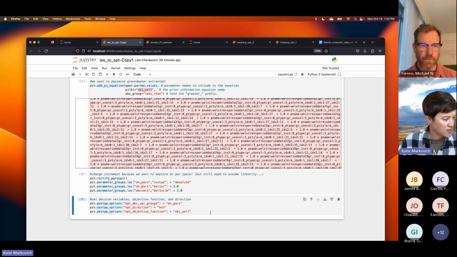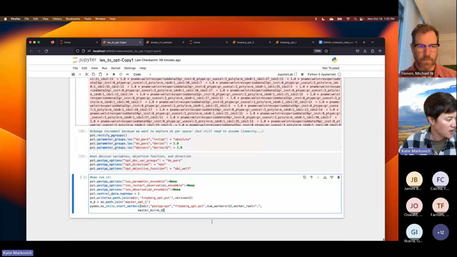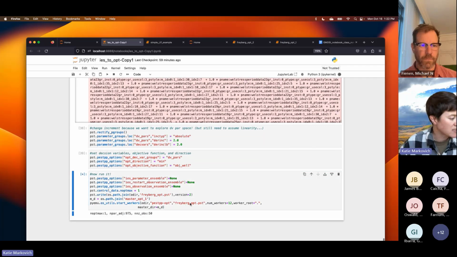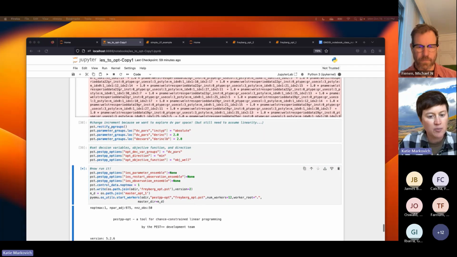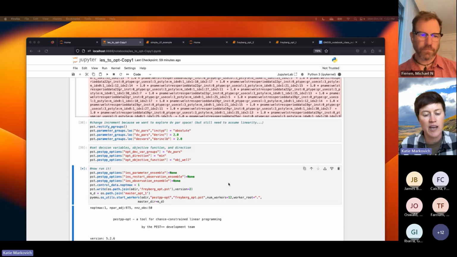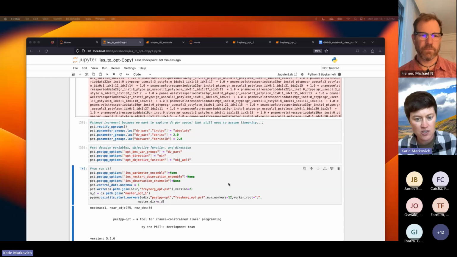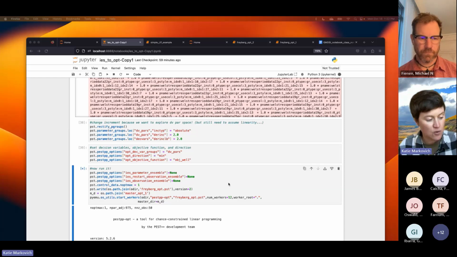And the result shouldn't look anything different than what you guys had in your homework. Basically, PEST is going to be trying to play around with as much pumping as it can get away with. We have this cyclical recharge, right? So during the wetter periods, it's able to pump basically the full rate.